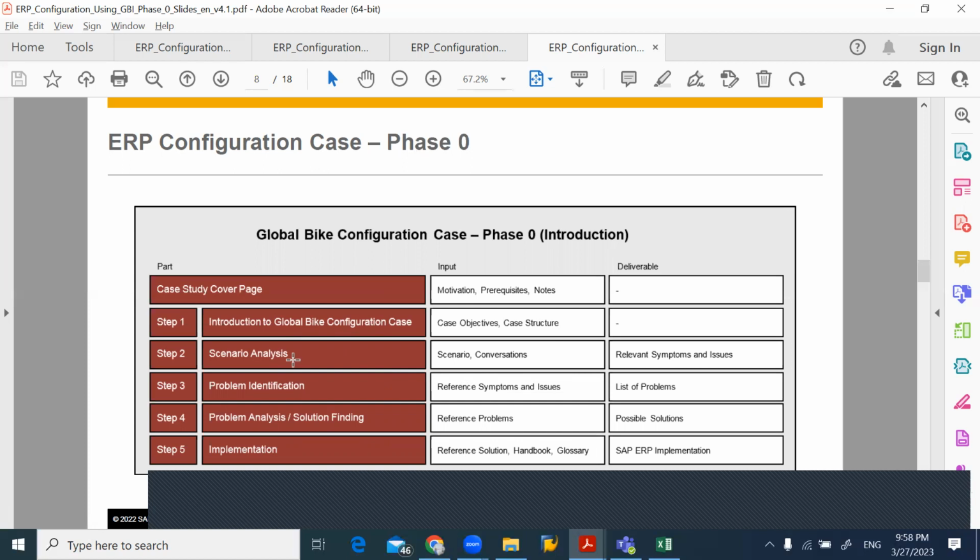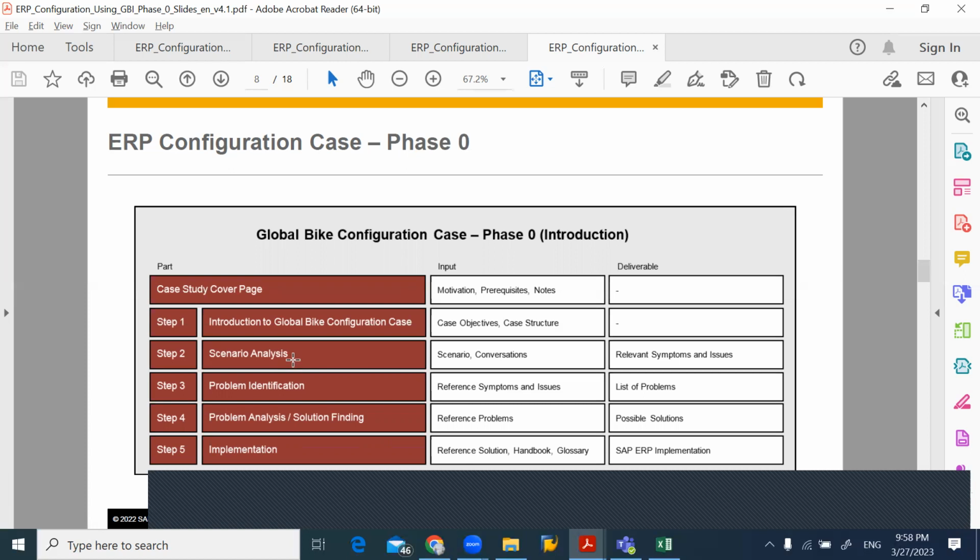So what we have done is we created a scenario in a company which is facing a lot of problems in their manufacturing, in their sales, in their purchasing, in their finance.